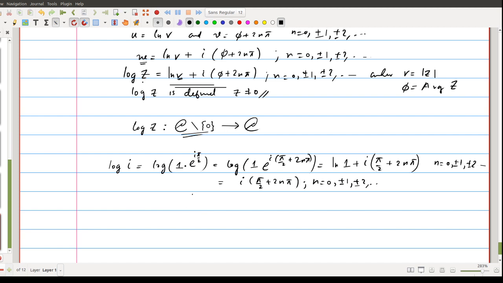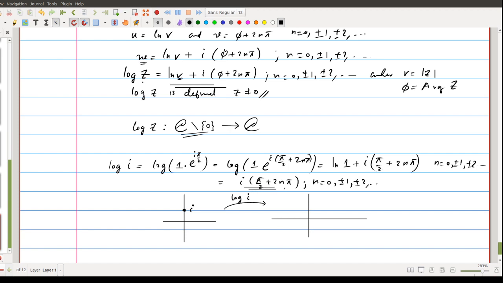That means if you choose a complex number z from the complex plane and try to find the images, the values of log z, they are obtained from this equation. So these are all purely imaginary values.